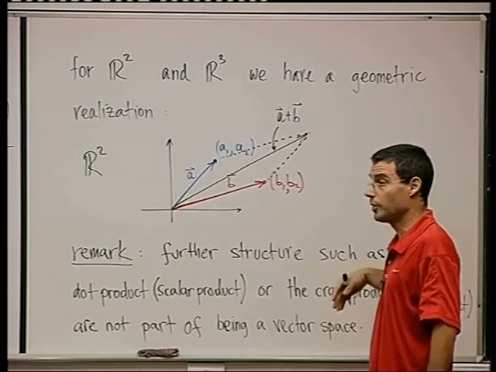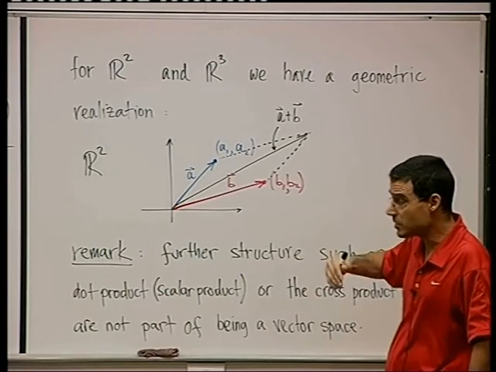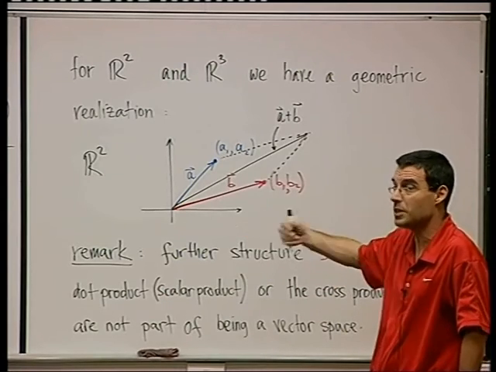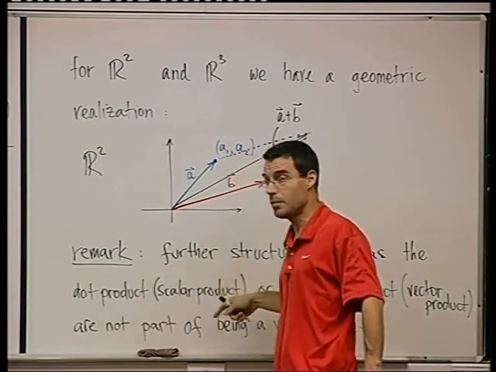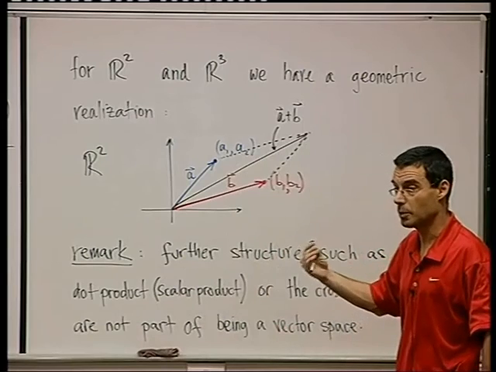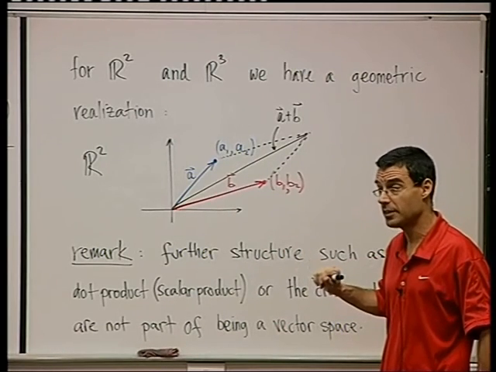Okay, there are things called, for example, metric spaces. Metric spaces are spaces that are not just vector spaces, but they have additional structure. And this, for example, yields the metric structure, which means that you can measure distances, okay, and measure angles and things like that.